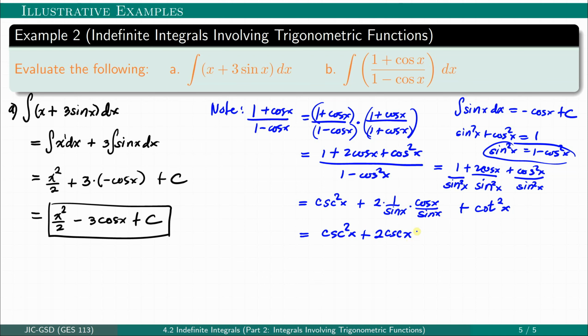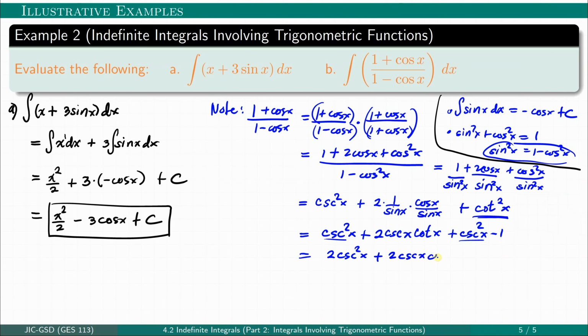Cosine x divided by sine x is cotangent x. We can rewrite this last term as cosecant squared x minus 1. And finally, we can combine like terms. So this will be 2 cosecant squared x plus 2 cosecant x cotangent x minus 1.